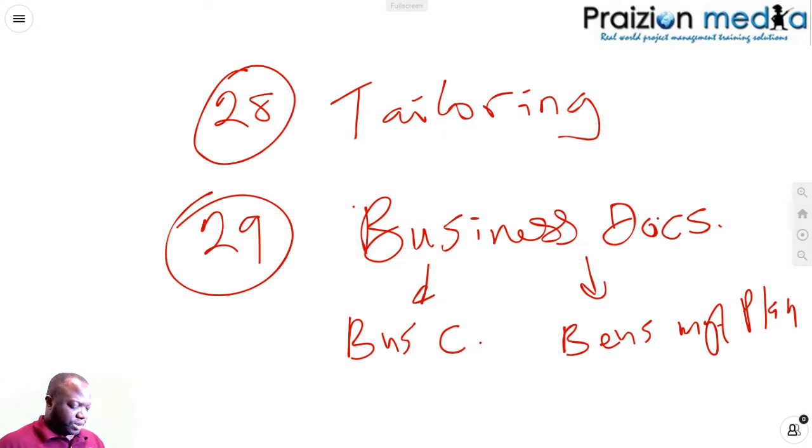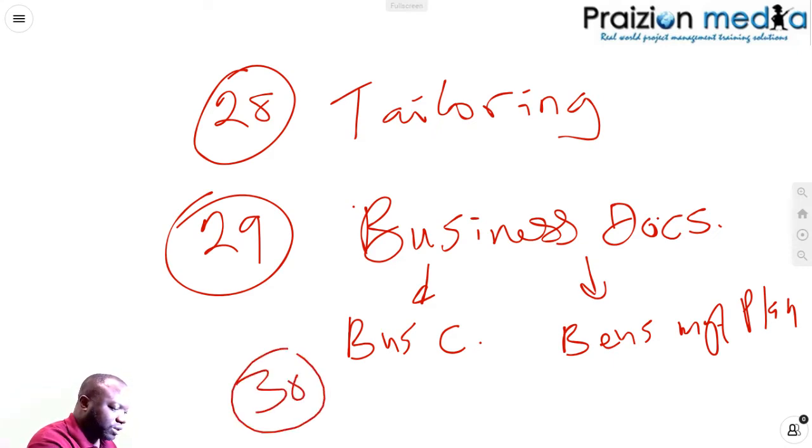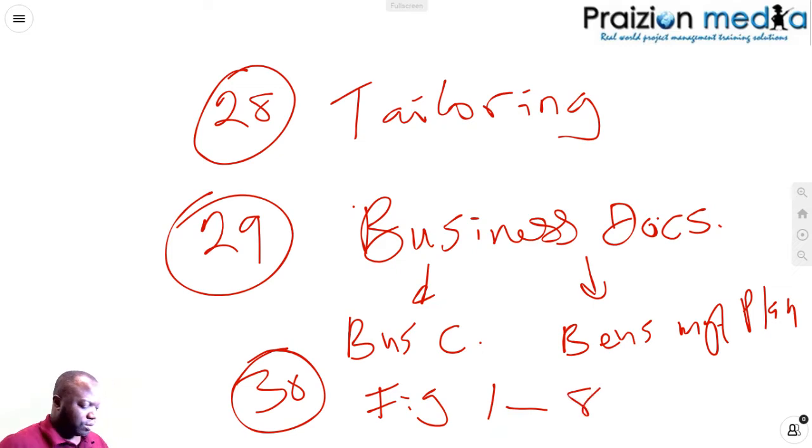Still on business documents, critical business and project documents, the PMI shows you where these documents are introduced into the pipeline of the project. So if you go to page 30, you'll see yet another image, figure 1-8. Okay, so take a look at that.